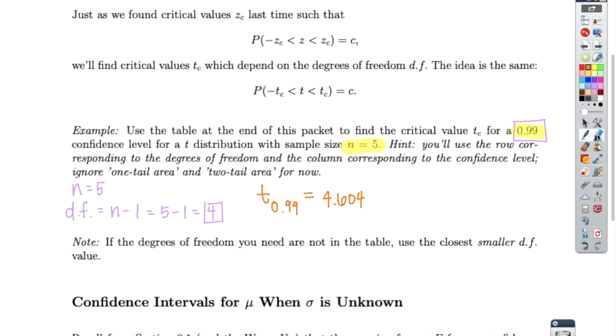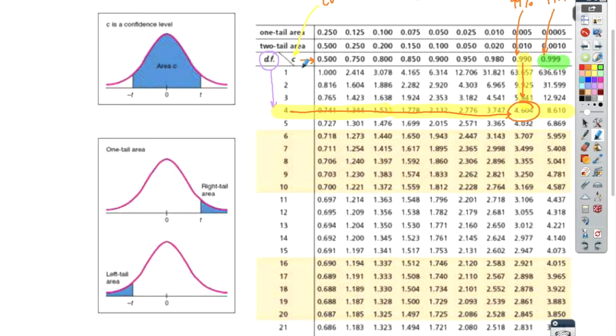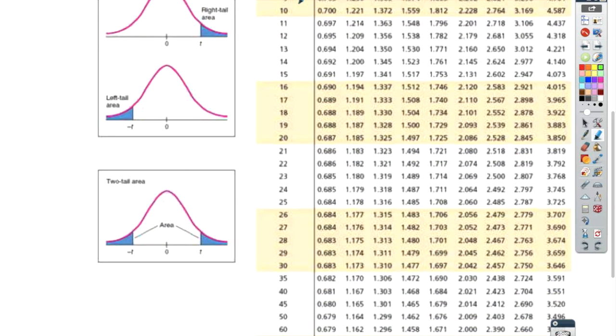One other really important thing to note, I would highlight this if I were you. If the degrees of freedom that you're looking for are not in the table, use the closest smaller degrees of freedom value. If you look at the table, the degrees of freedom are along this left column, and everything from 1 up to 30, every single value is accounted for.